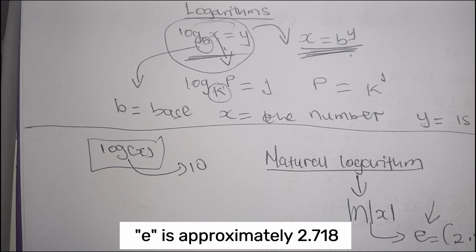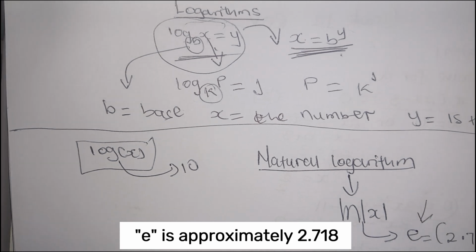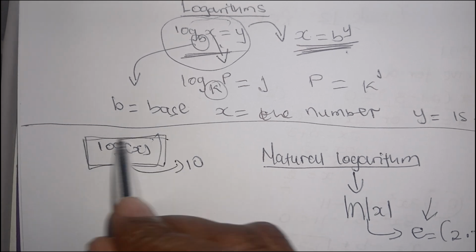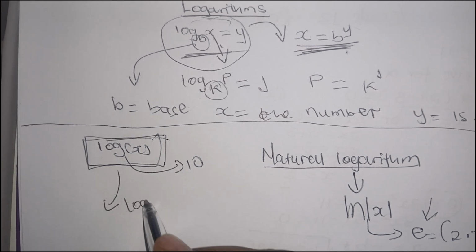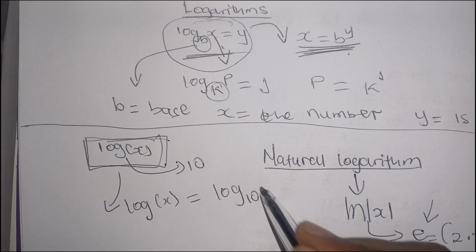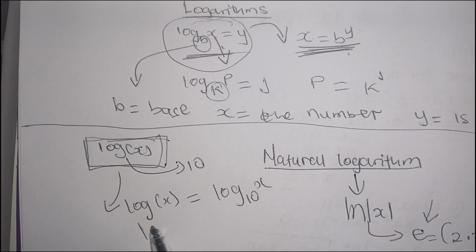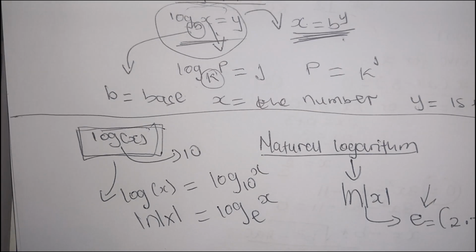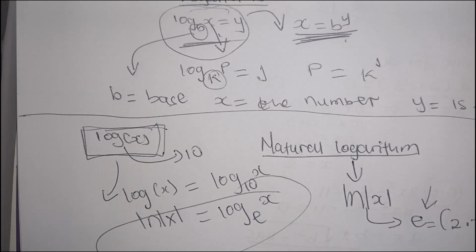So you always have to know that logarithm, if you write it like this, it automatically has the base of 10, right? If you write this like this, just know that it's more like log e x.